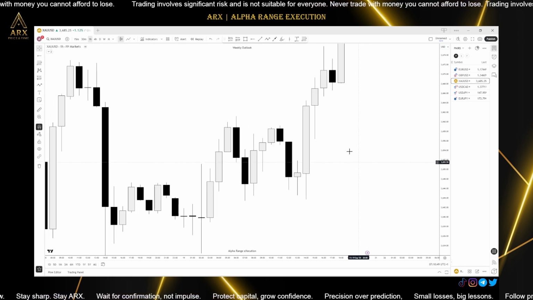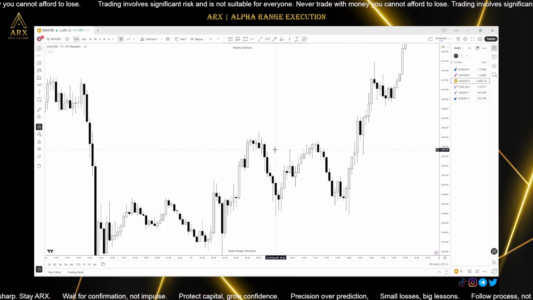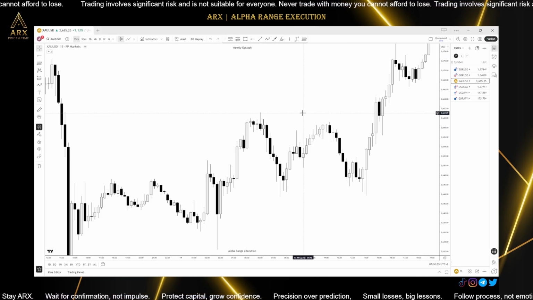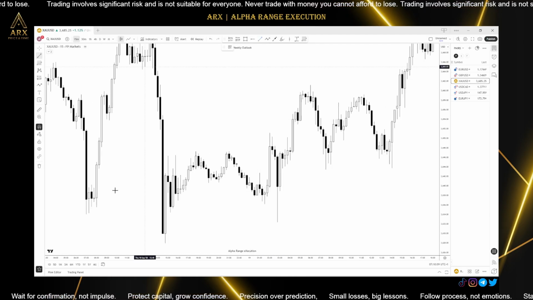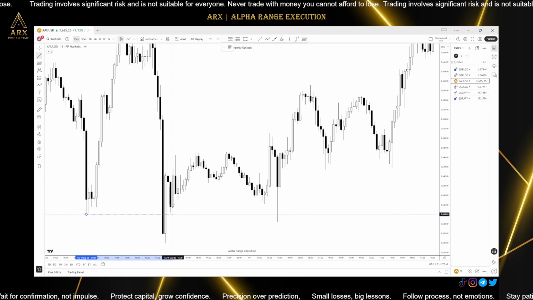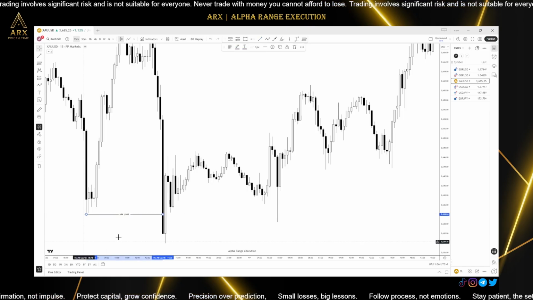So what I see here was on the 50 minutes time frame. On the 50 minutes time frame, what I saw was, you have a bearish market, this structure being broken to the downside, perfect.